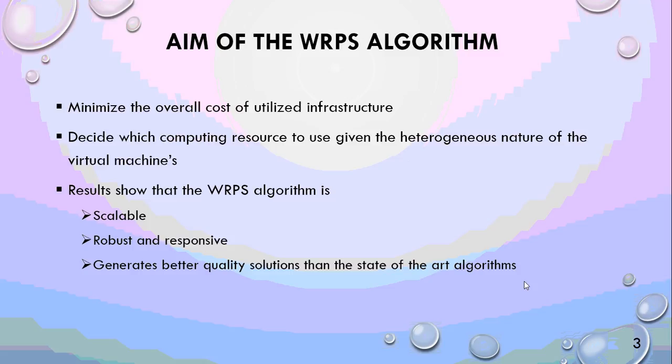So due to this nature, the algorithm should be able to compute resources, and the experiment results show that the WRPS algorithm is scalable, robust and responsive, and it also generates better quality solutions than the state-of-the-art algorithms.